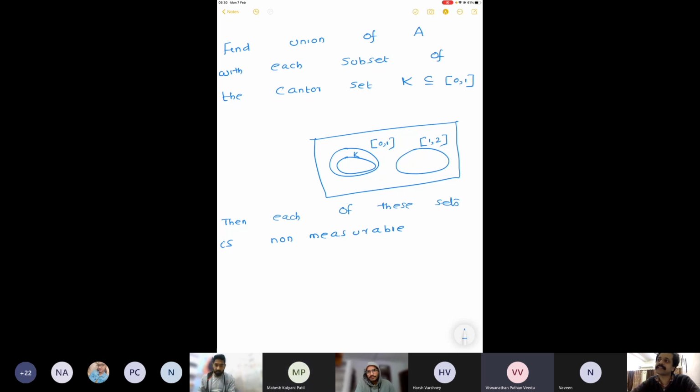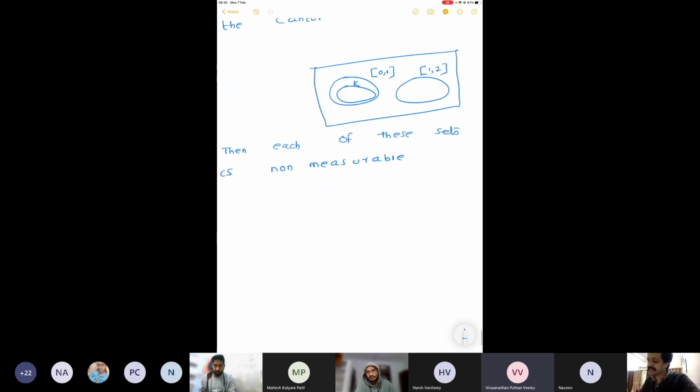So how many subsets are there for the Cantor set? 2 power continuum. So you got 2 power continuum non-measurable sets. Each of these sets is non-measurable, and thus we have 2 power C number of non-measurable sets.